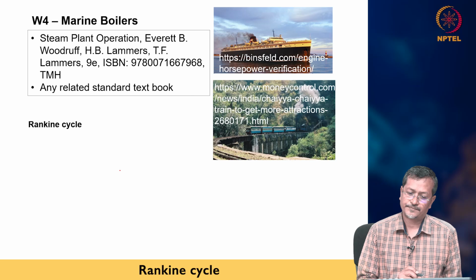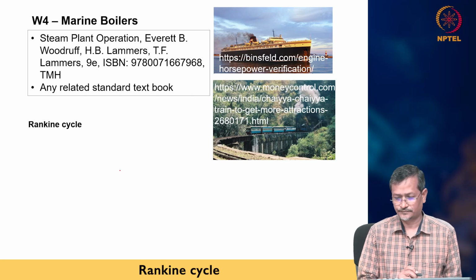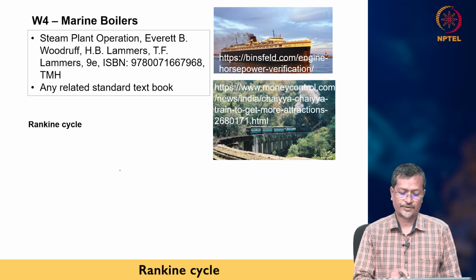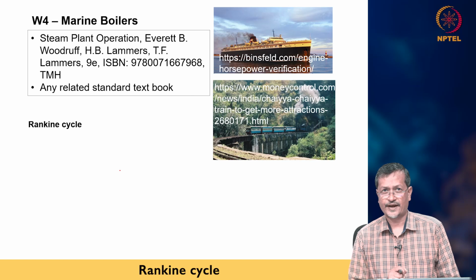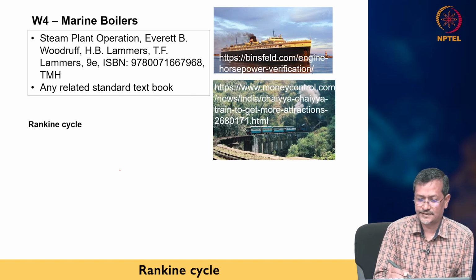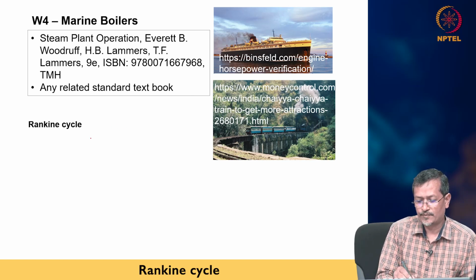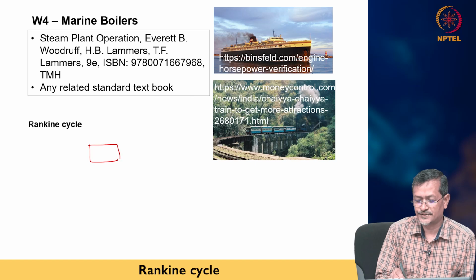So, first, when you discuss marine boilers, first you have to see the Rankine cycle. Rankine cycle is like this. You have one boiler. I'm just drawing a block diagram.